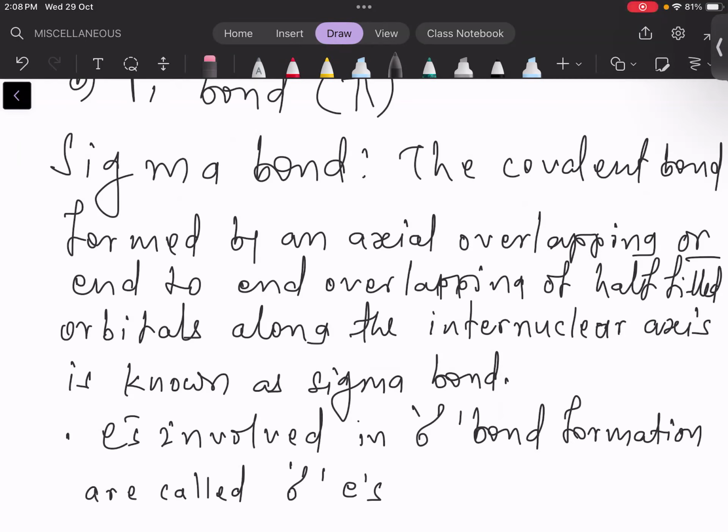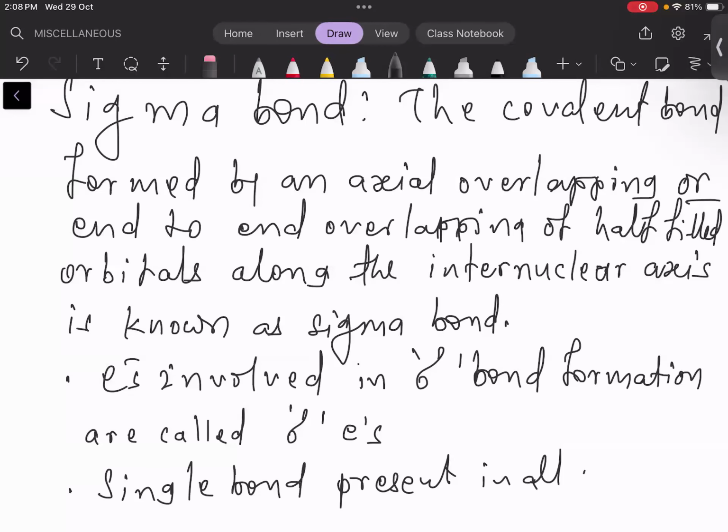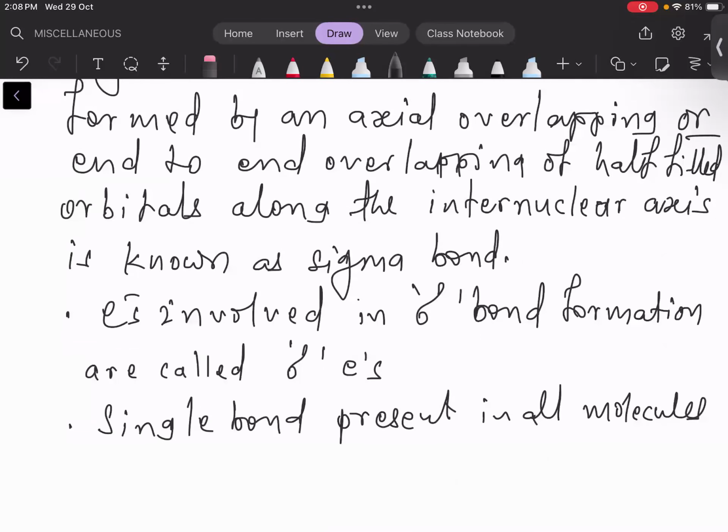Single bonds present in all molecules are always of sigma type.